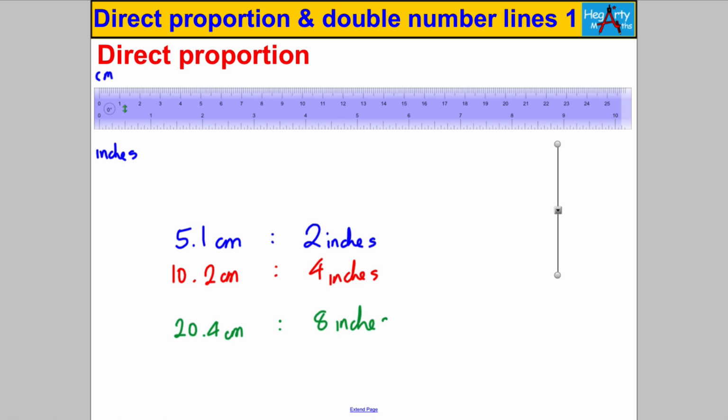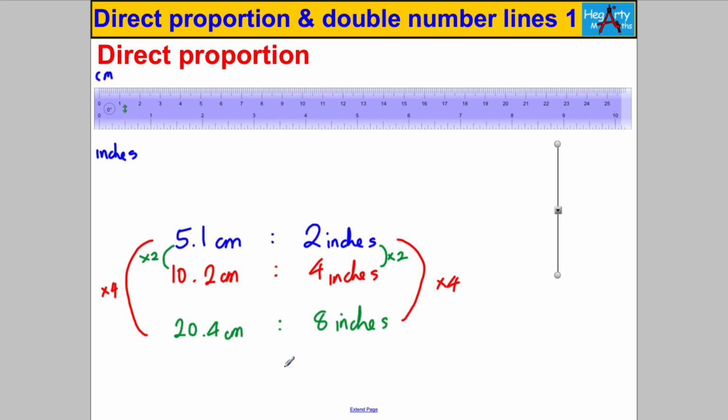Now, this is a great example of things that are in proportion. Centimeters and inches are in proportion to each other. And what do I mean by that? Well, if you double your number of centimeters, you also double your number of inches, don't you? And if you were to multiply your inches by 4, 2 multiplied by 4 gives me 8 inches, I also multiply my centimeters by 4.